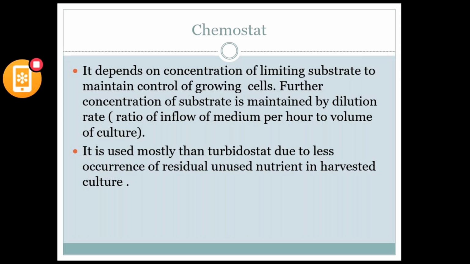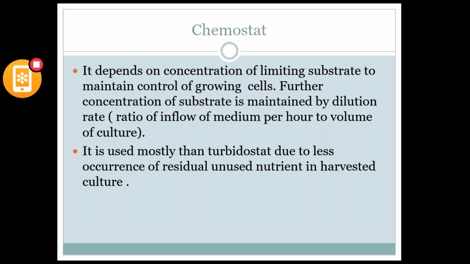This time lapse will be equal to the time at which the older ones get removed. So this dilution rate should be the same. Dilution rate means the rate of inflow of medium per hour to the volume of culture. How much medium is added per hour and what is the volume of the culture should be the same. That means both ratios should be the same at a particular time.